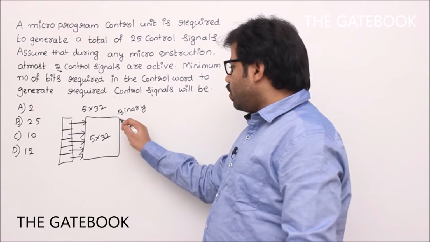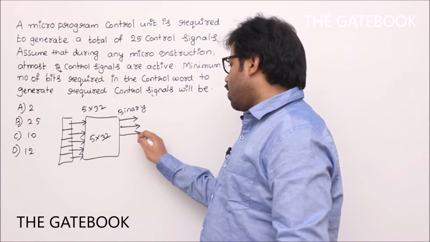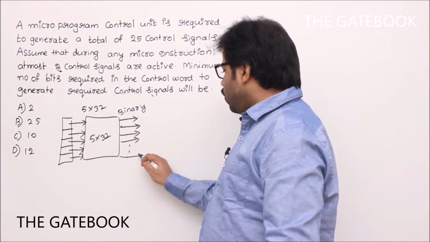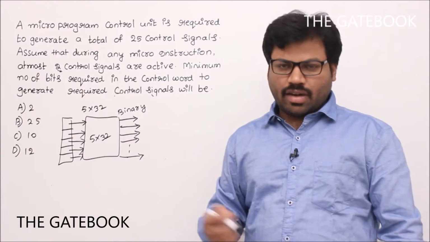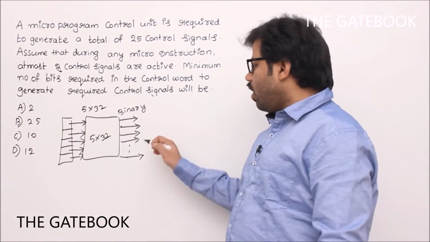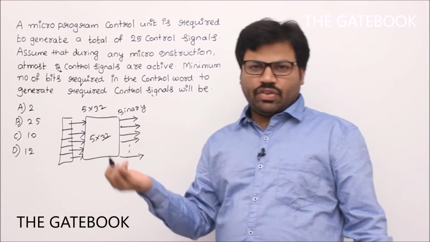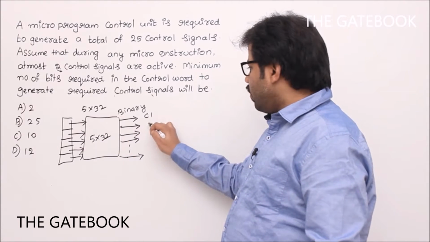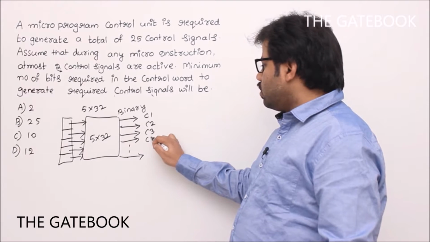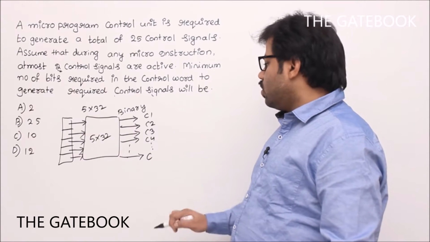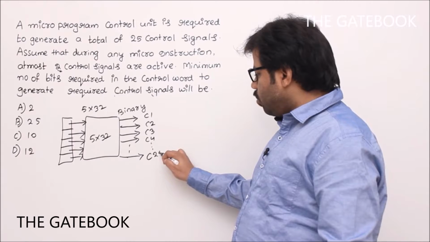So if it is 5x32, there will be 32 output lines. But we don't want 32 output lines, we want only 25. Then we only select 25. So let us call these C1, C2, C3, C4 up to C32, but I take only up to C25.